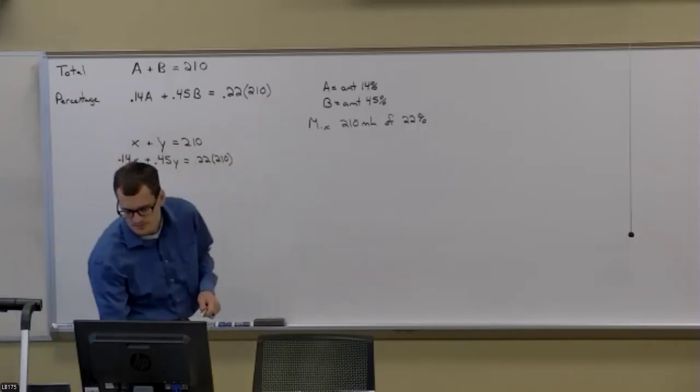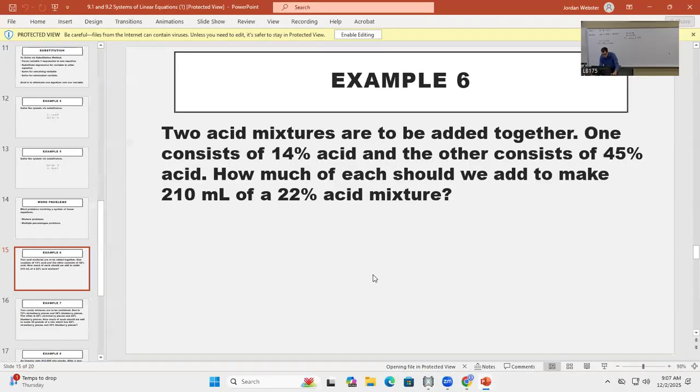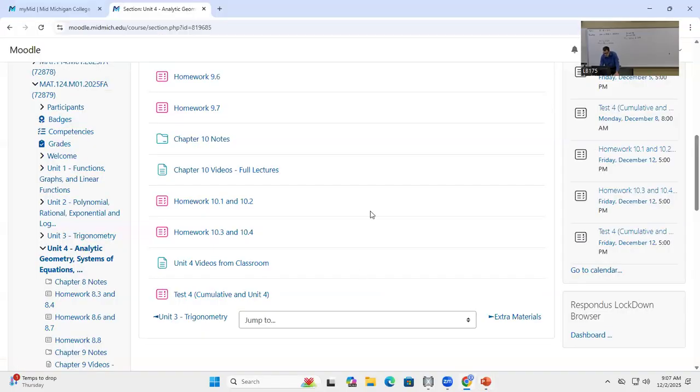Makes sense? So that's what we're going to do. We saw how to graph with our calculator last time.